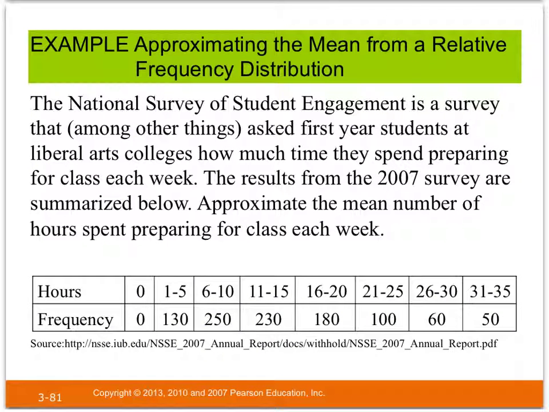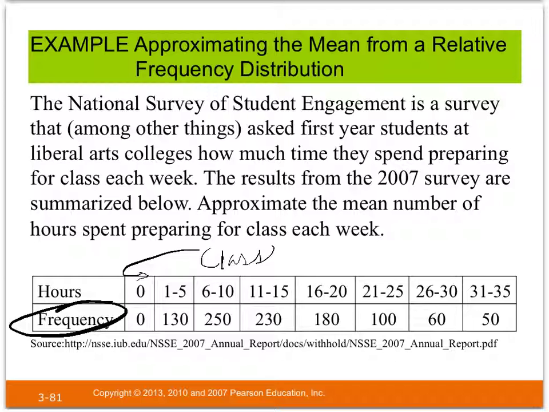So here we have an example. We're going to be approximating the mean from a relative frequency distribution. And here we have our classes, okay, and our associated frequencies, okay. And this is a national survey of student engagement. It asked first-year students at a liberal arts college how much time they spend preparing for each class, and the survey results are what we have here. So, first thing we need to know is the midpoint.